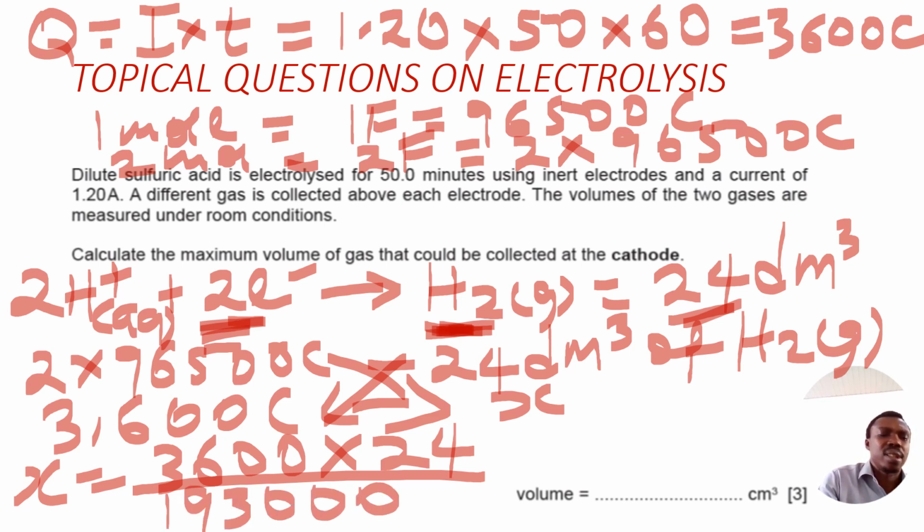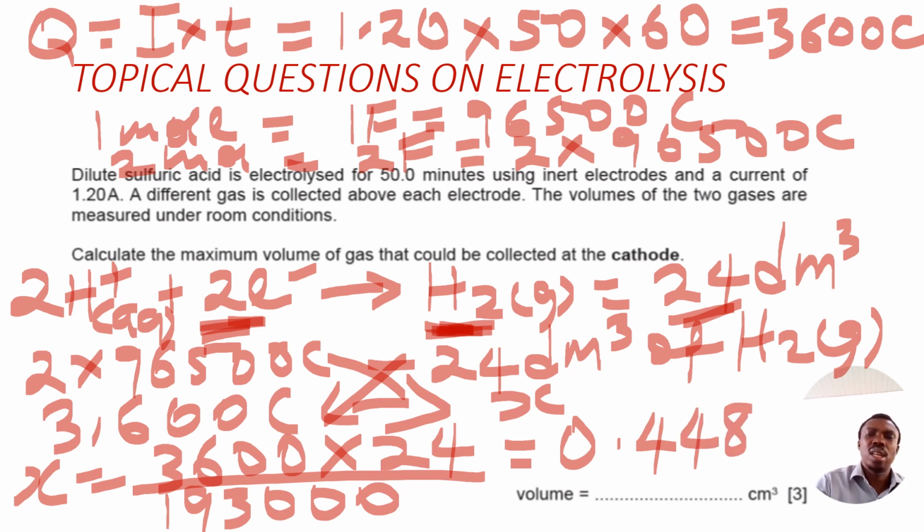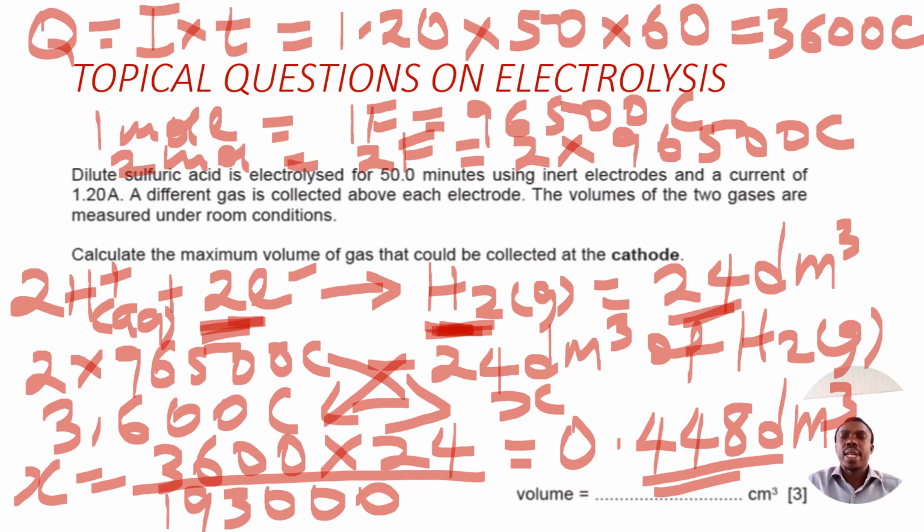So 3,600 multiplied by 24, then divided by 193,000, is equal to 0.448 dm³ of hydrogen gas to be deposited at the cathode.